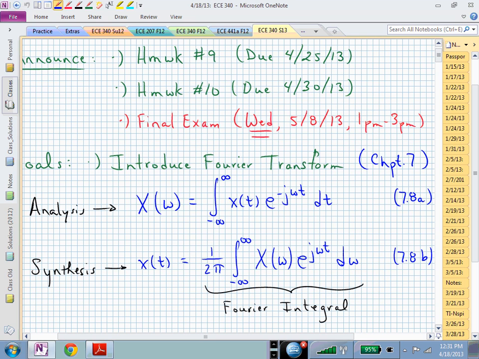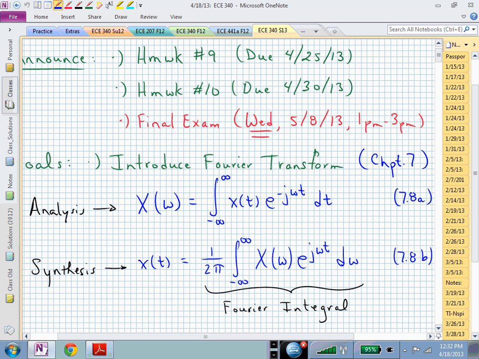This pair of relationships, the analysis equation, essentially what's the frequency content in an aperiodic or non-periodic waveform, little x of t, that's collected in this expression, capital X of omega, that gives you the frequency content in x of t. That's a way to go between time domain and frequency domain.